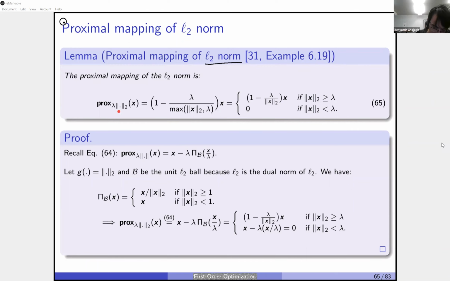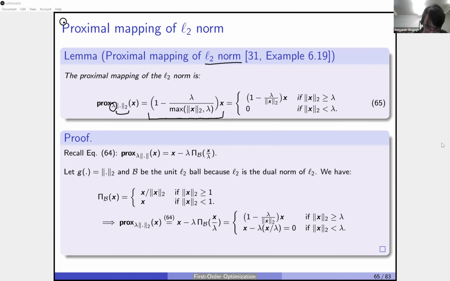So if the function g is the L2 norm, then its proximal mapping is 1 minus lambda over max of L2 norm of x and lambda, times x. Lambda is the parameter here, parameter of the proximal mapping. What is this?